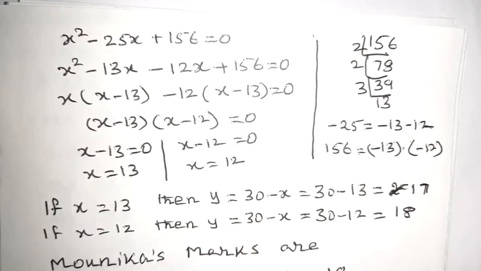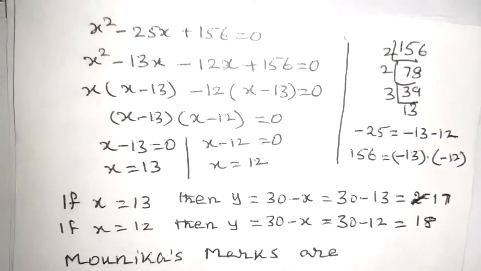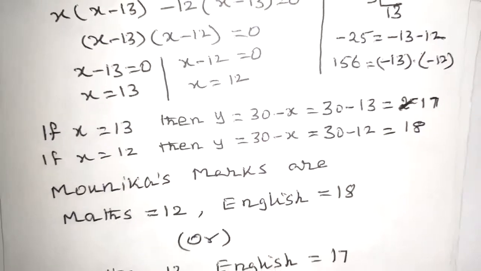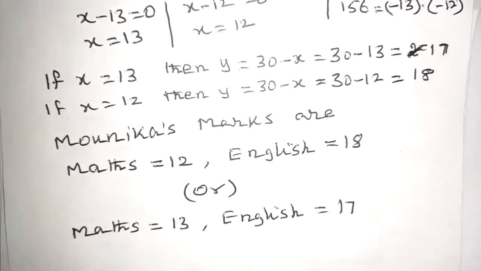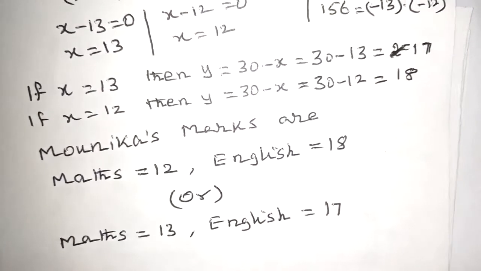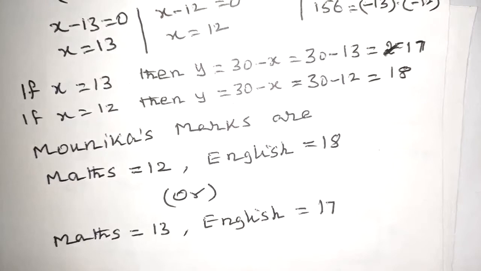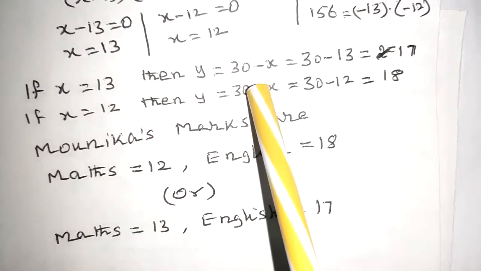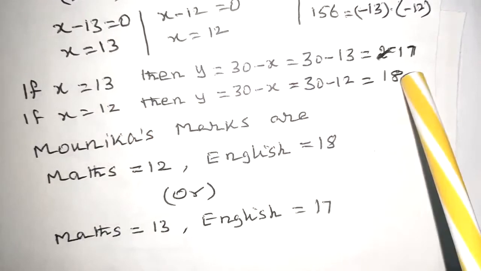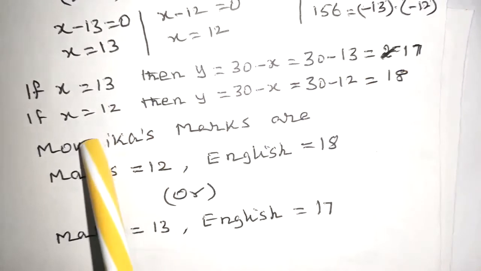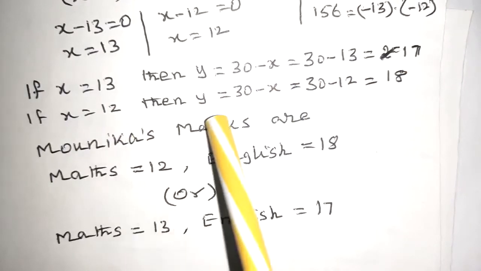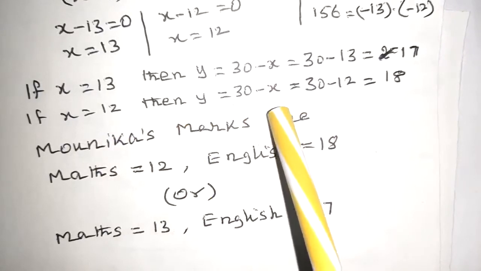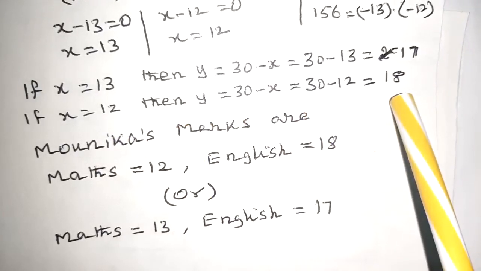Now, if x equal to 13, then y equal to 30 minus x, that is 17. If x equal to 12, then y equal to 30 minus x, that is 18.